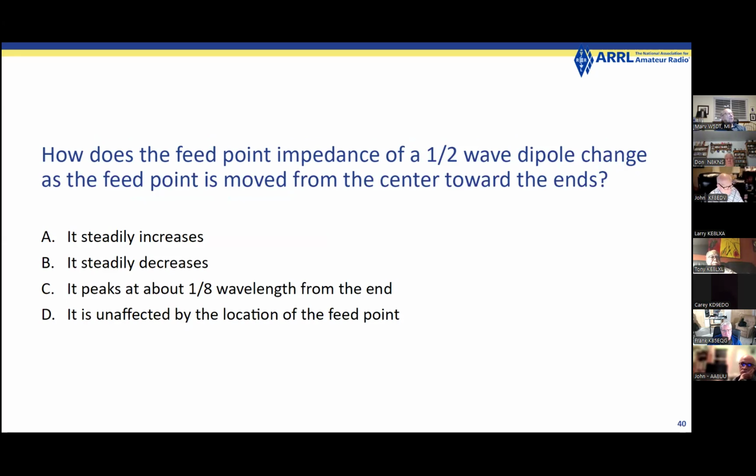How does the feed point impedance of a half-wave dipole change as the feed point is moved from the center toward the ends? It increases, it decreases, it peaks at about an eighth wavelength from the end, it is unaffected by the location of the feed point.